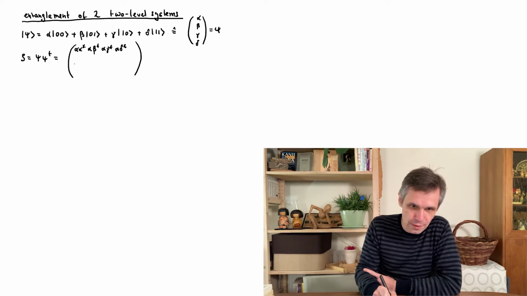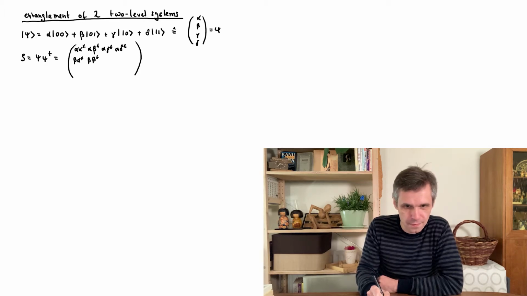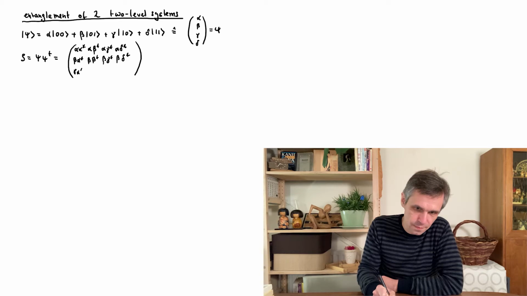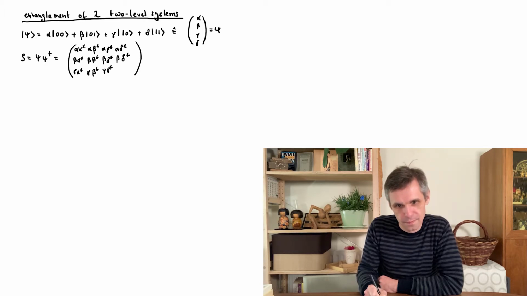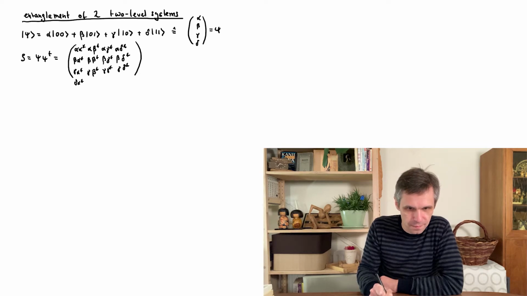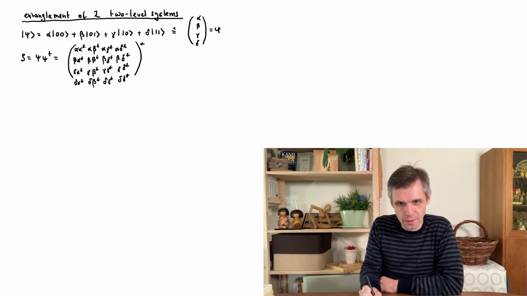And I'm going to write it out even completely. So in these rows, you have alpha, beta, gamma, and delta.